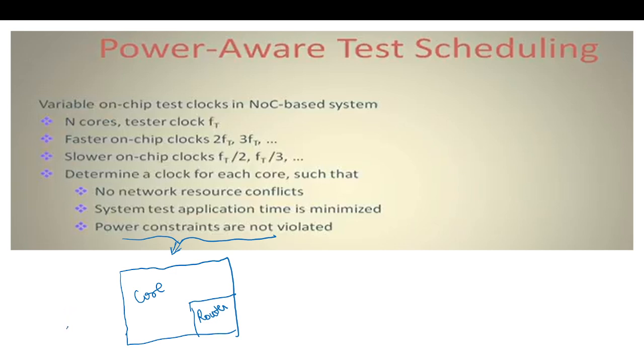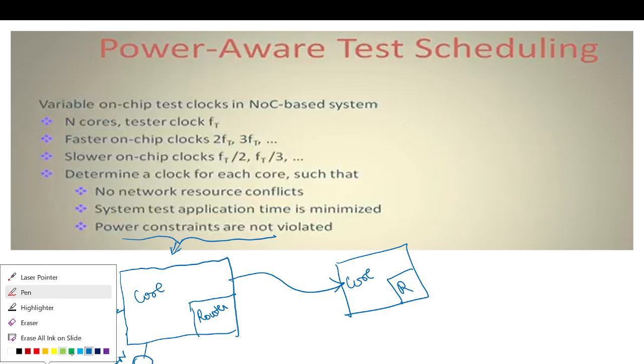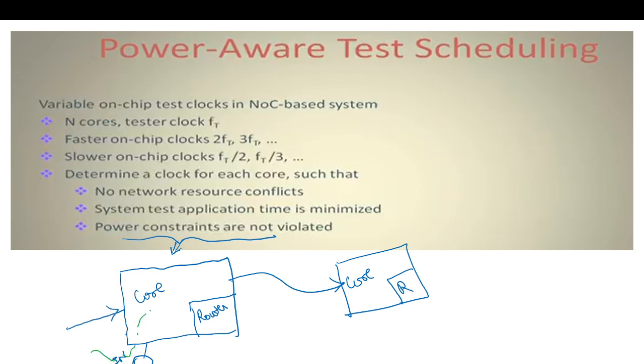Now, even though this is not tested, say this is connected to this IO, and we are testing currently this core, and it has its own router. This is connected. So for this testing, we are getting the inputs into this core, and this router has to pass these patterns here.